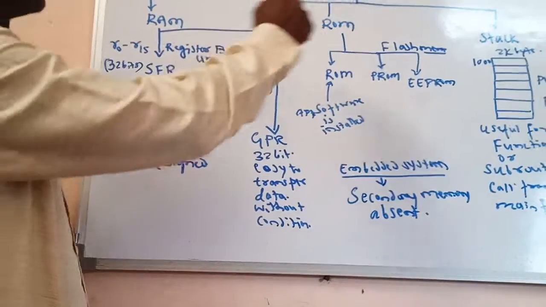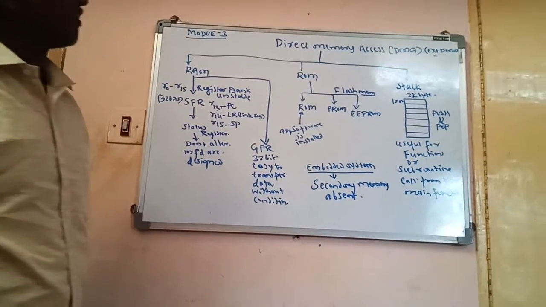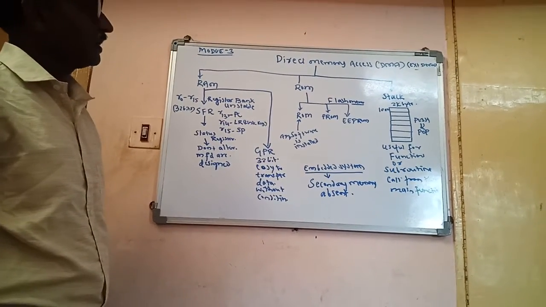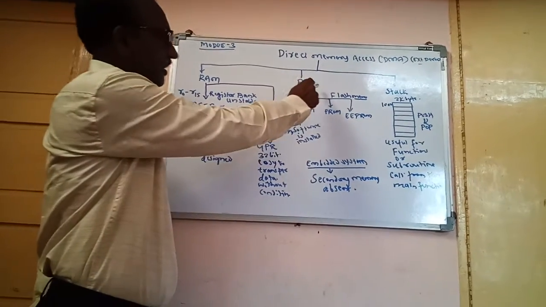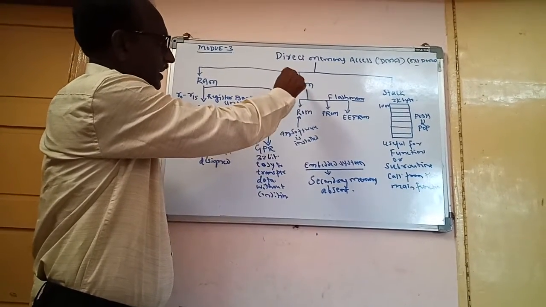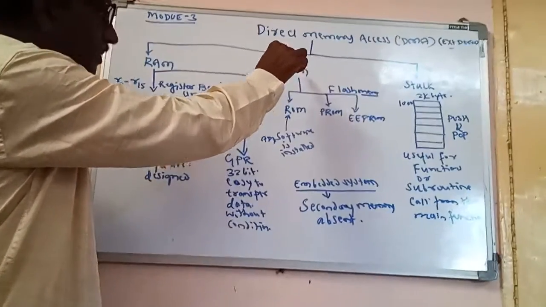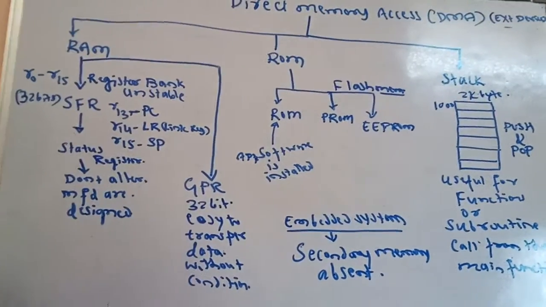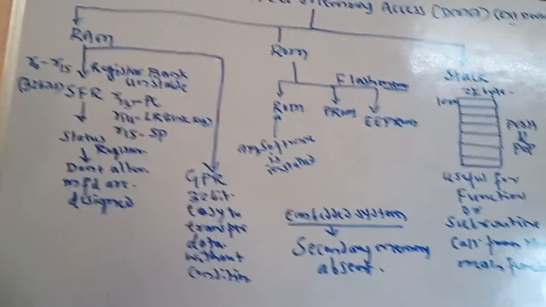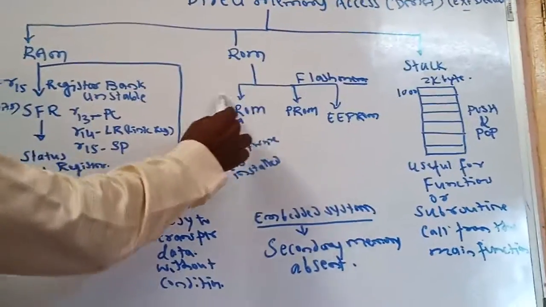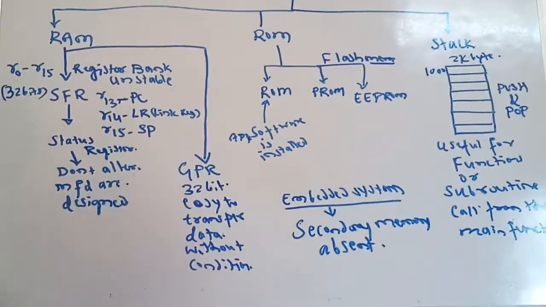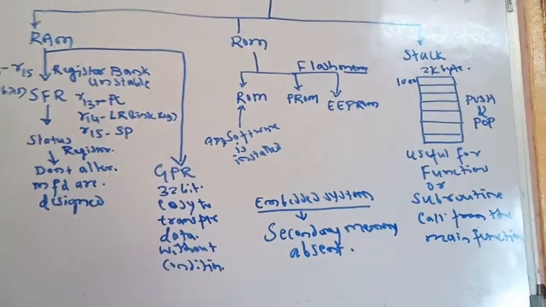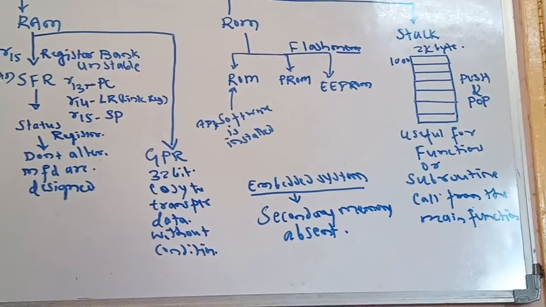Another most important part is ROM. ROM means read only memory. It is a part of the hardware. Some application software is loaded in the ROM, so you cannot alter whatever information is stored in the ROM. Read only memory application software is installed as part of that hardware.